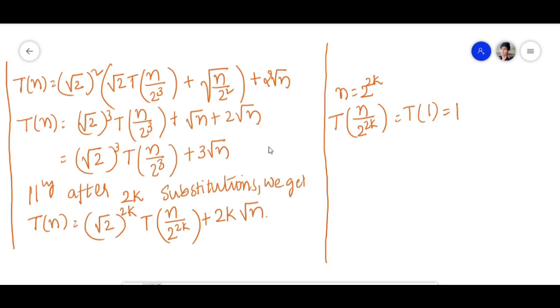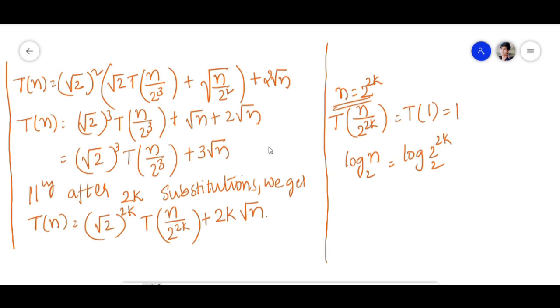Now we have to find the value of k in terms of n. So consider this equation and apply log base 2 on both sides. Then we get log of n base 2 equals log of 2 power 2k base 2.